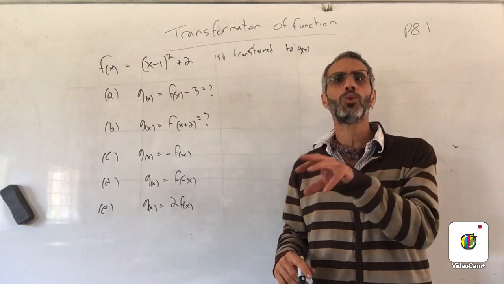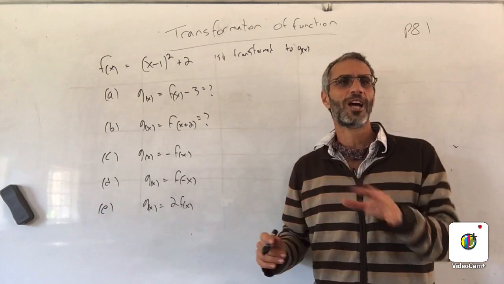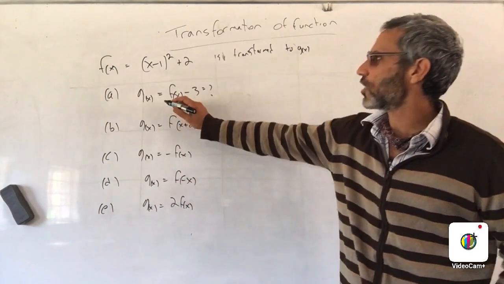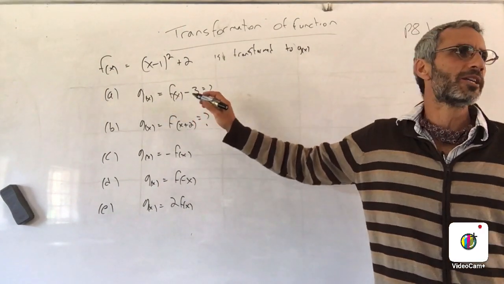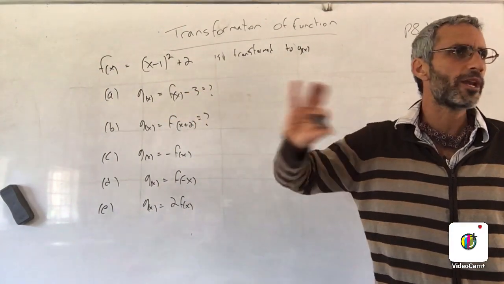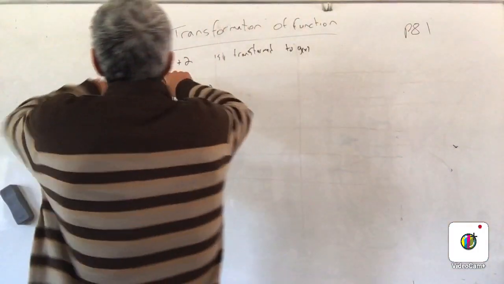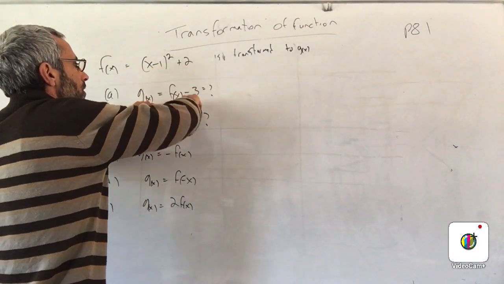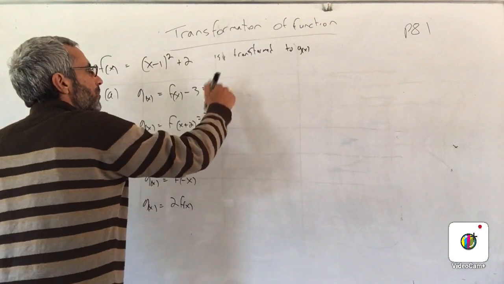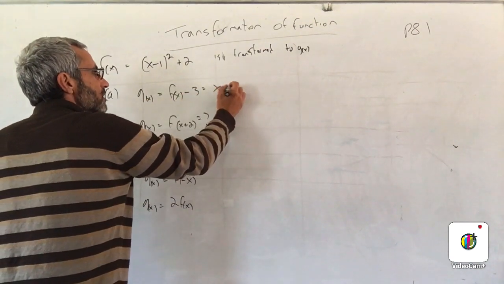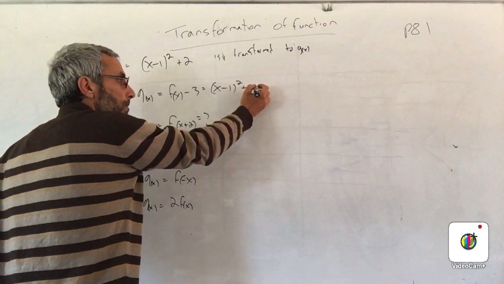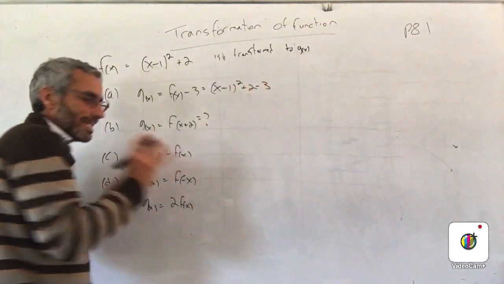And then write in words what kind of transformation it is, which is going to be tricky. Let's start with g of x equals f of x minus 3. Guys, it's really easy. If f of x is x minus 1 squared plus 2, f of x minus 3 is simply x minus 1 squared plus 2 minus 3. As easy as that.